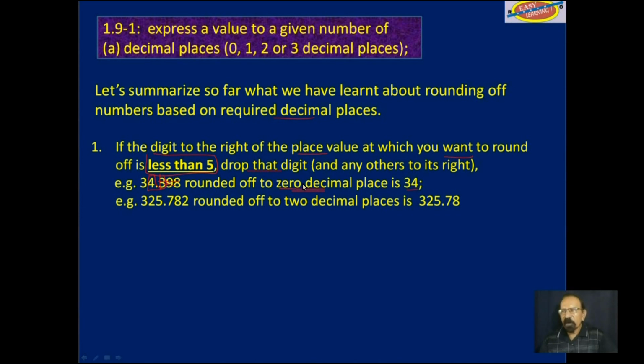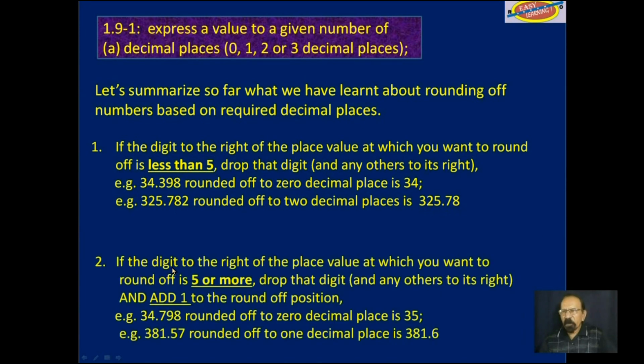Or 325.782, we want to round off to 2 decimal places, so you count 1, 2, we are rounding off at this 8. The digit on the right of 8 is less than 5, so you just drop it and your answer is 325.78. That is if the digit is less than 5 on the right of where you want to round off.